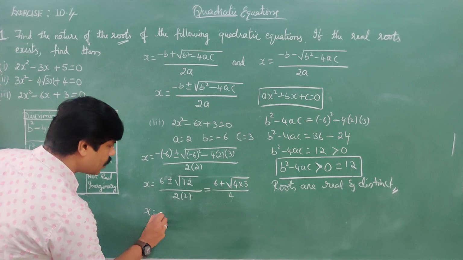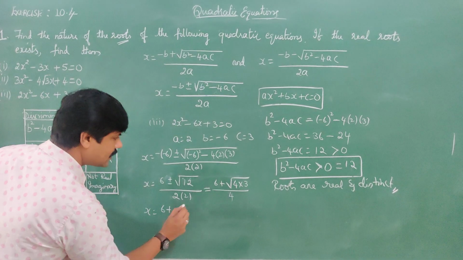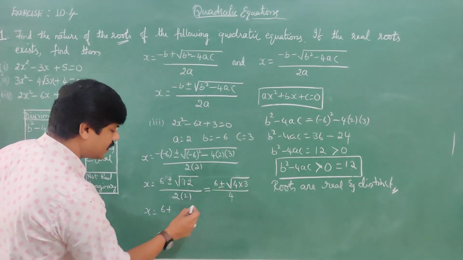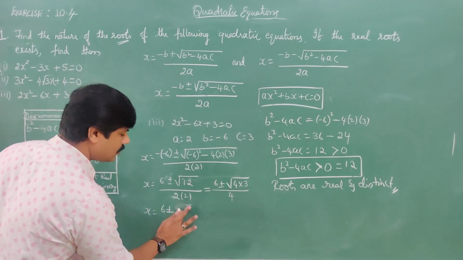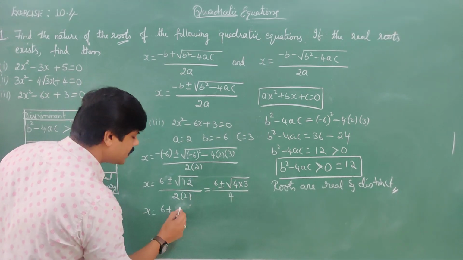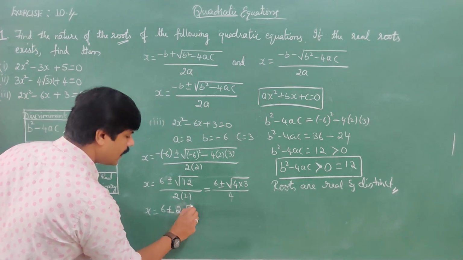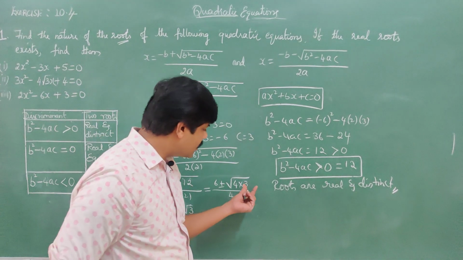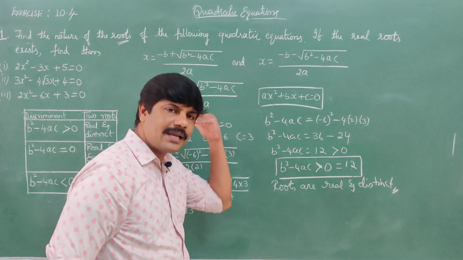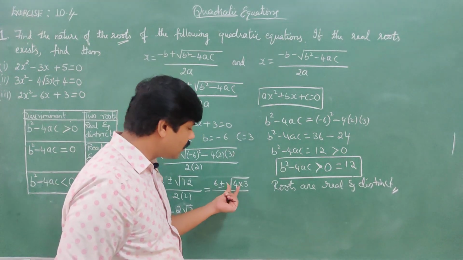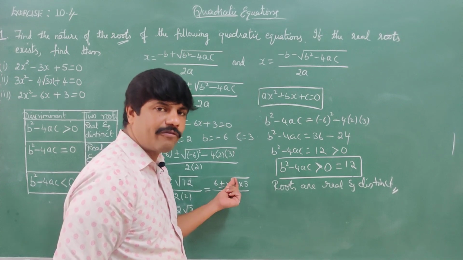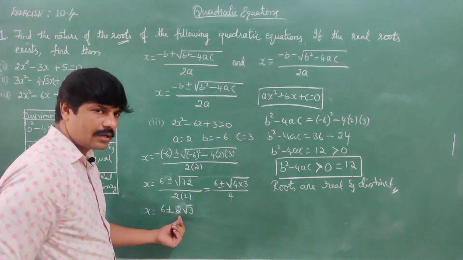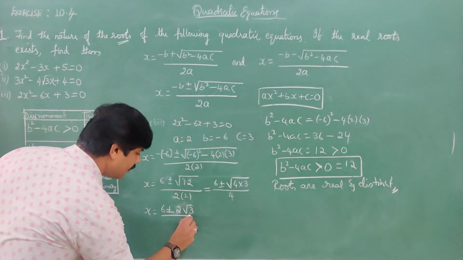x is equals to here 6 plus or minus here. Don't forget plus or minus. Plus or minus square root of 4 is 2 into 3. There is no square. This 3 is not a square number, so it remains inside the square root itself. So 4 is the square number, therefore you can remove this. Square root of 4 is 2, you removed, and maintain this divided by 4.